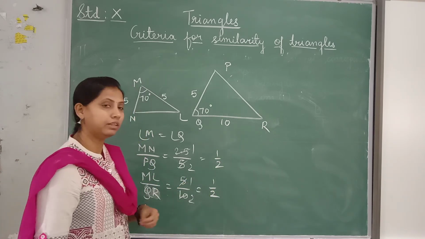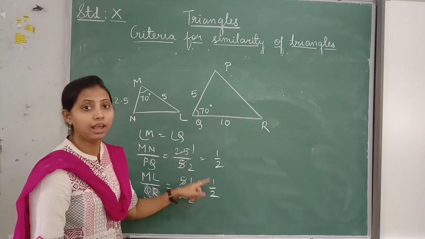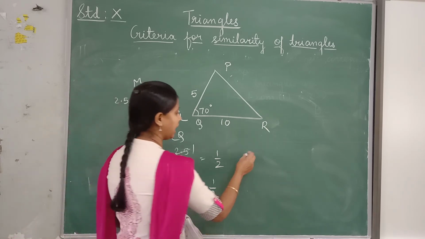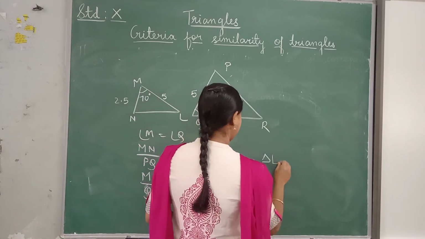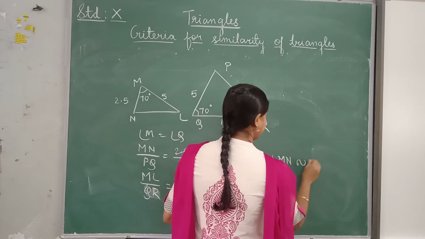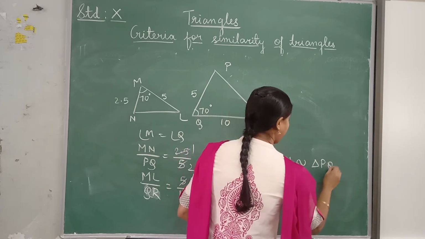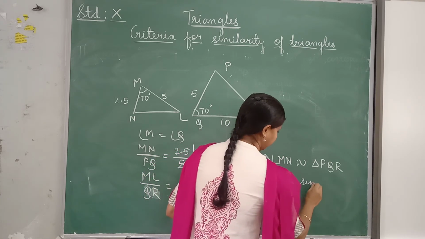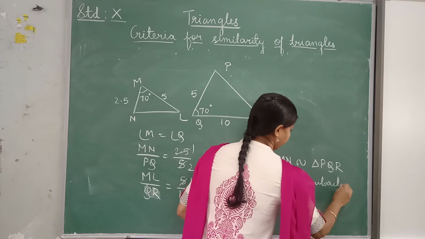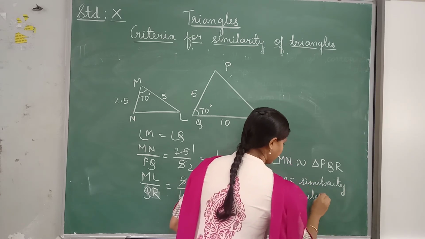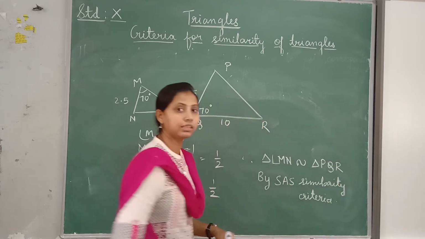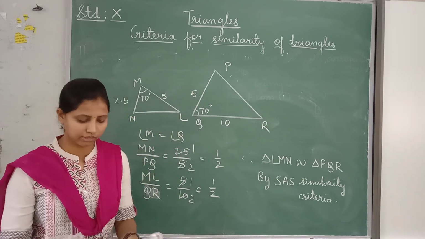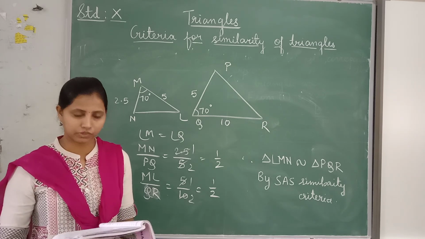So you can see the ratio of the two corresponding sides are equal and their included angle is also equal. So therefore triangle LMN is similar to triangle PQR by SAS similarity criteria. Okay children, this is the way you can recognize the similarity of triangles based on the three criteria you have learned. The remaining sums I hope you can solve yourselves. Okay children, thank you.